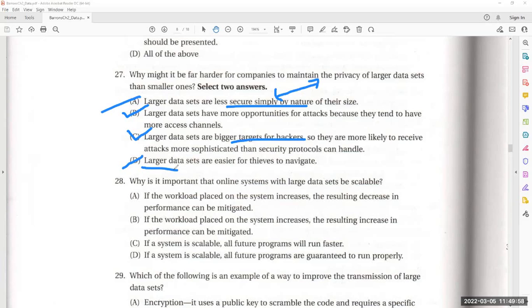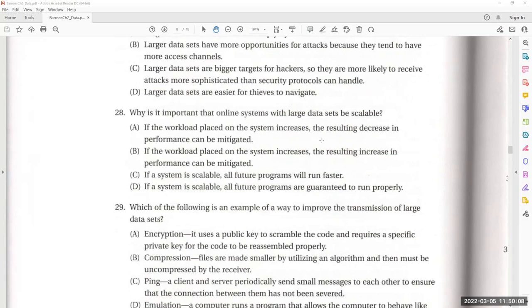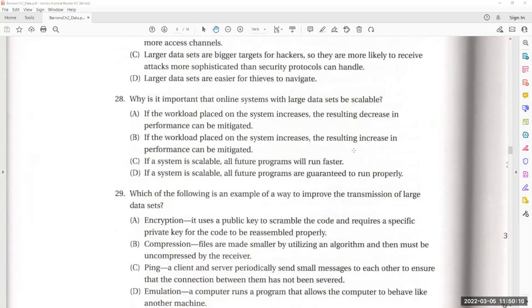Okay, 28. Let me have Sunny Yen, 28. Why is it important that online systems with larger data sets should be scalable?